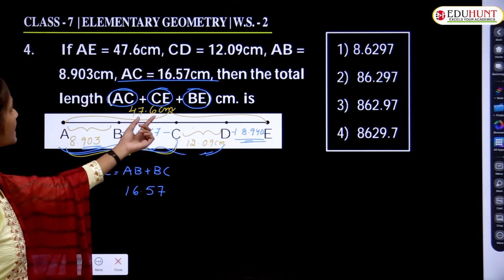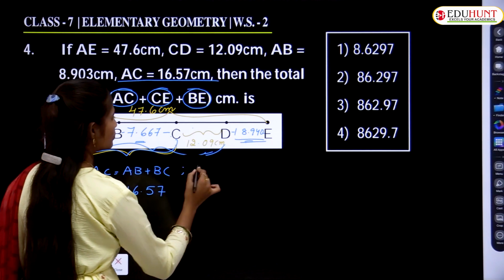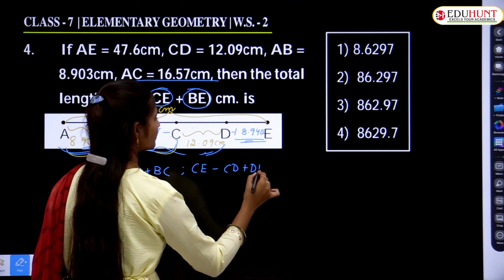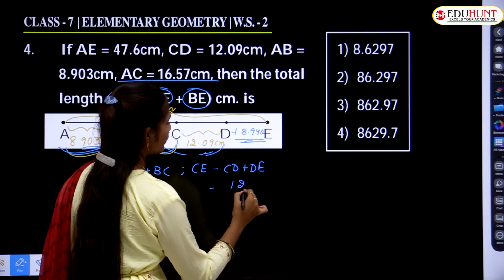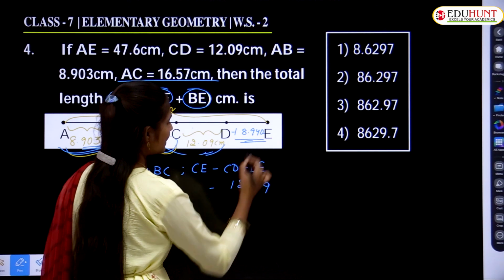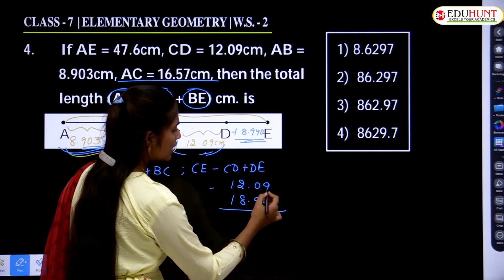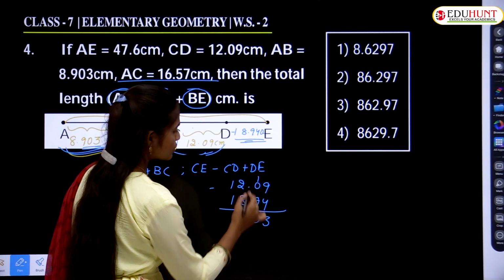Next one, CE is equal to CD plus DE. So CD measurement is 12.09 and DE measurement is 18.94. 0, no need to write. So 9 plus 4 is equal to 13. So 9 plus 1 is equal to 10.